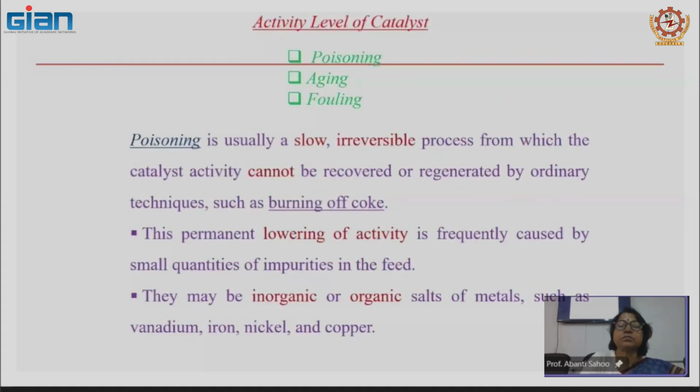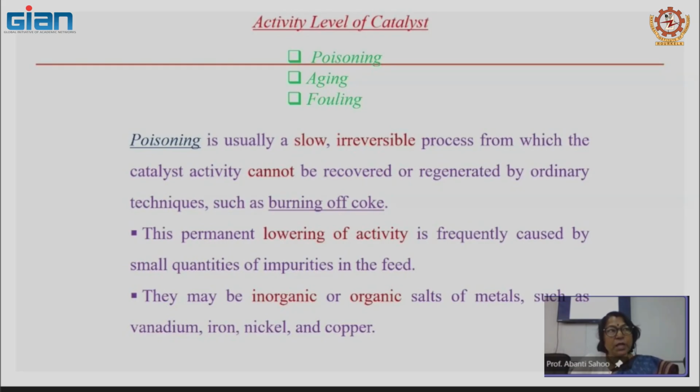Now, these are the mechanical aspects we discussed, because during the fabrication we have to decide what will be the bed aspect ratio, where the TDH is to be located, and what type of distributor is to be taken. Now, the activity level of the catalyst during the reactions, and the type of catalyst we are selecting. During the operations, this phenomenon may occur: the catalyst is poisoned, that is, it becomes slow and irreversible, meaning material loss will be there.